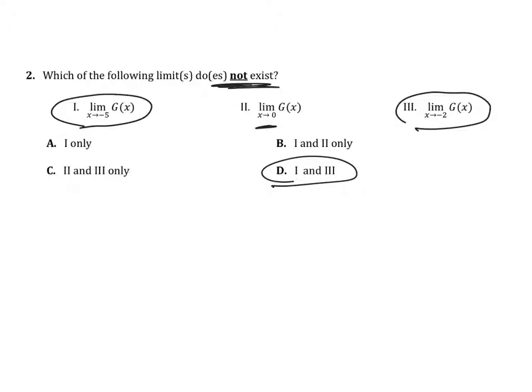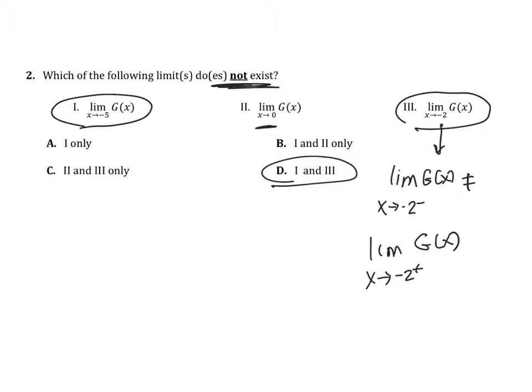Here you do have to think about, since you did not have a direction, keep in mind you have to look at the limit as x approaches -2 from the left of g of x, and make sure that does not equal the limit as x approaches -2 from the right of the function.